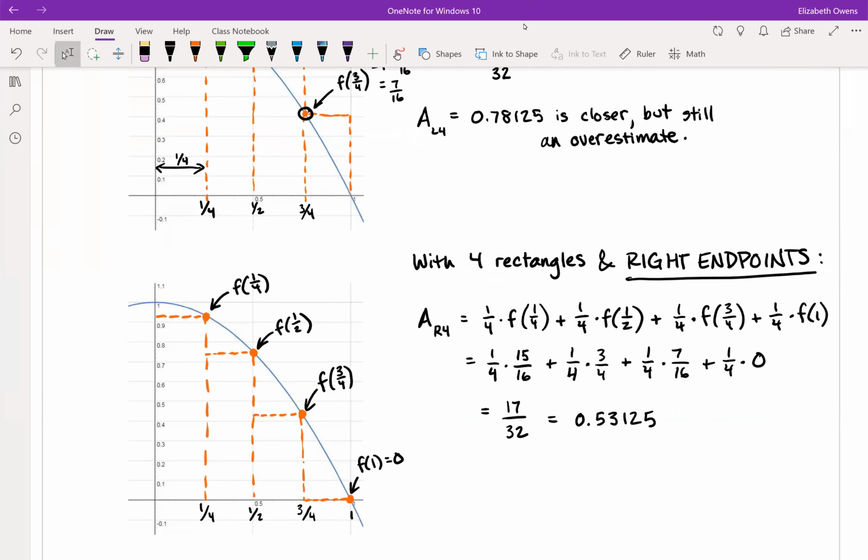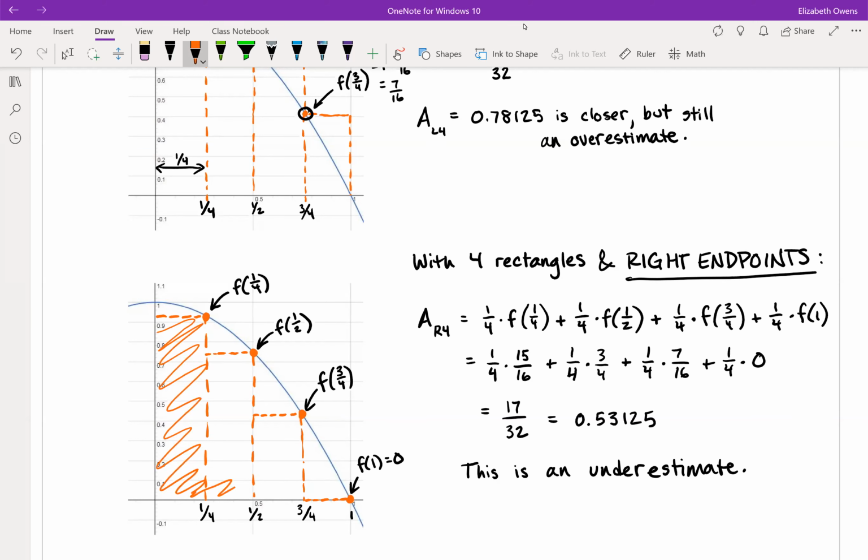But now we can see that this is going to be an underestimate of the area. So this is an underestimate. Okay, because the areas that we're adding together are right here, here, here, and then the lack of area on that fourth rectangle.